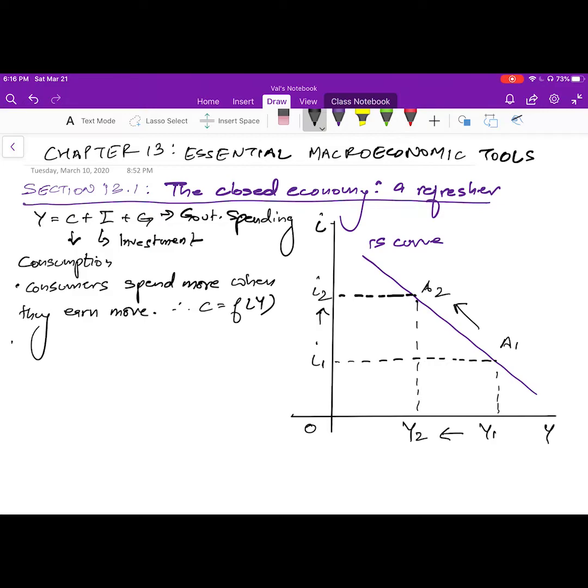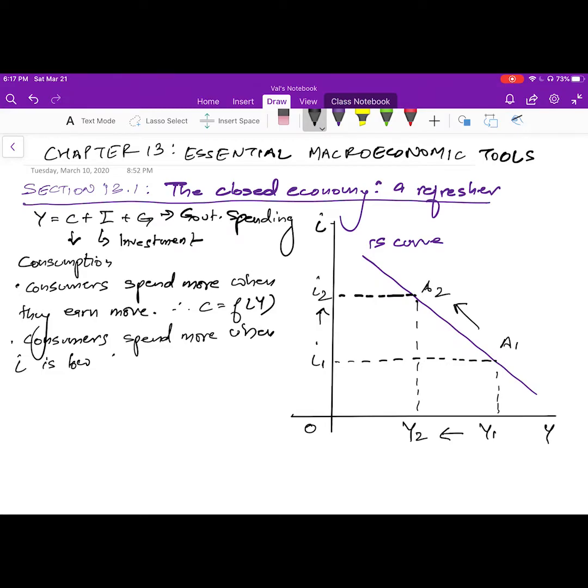Another thing we could say is consumers also spend more when interest rates are low. What does that mean? For example, if interest rates are low, you're more likely to buy a new car with a car note that's smaller than if interest rates were high, or you may be able to buy other relatively more expensive electronic devices on a lease or by borrowing money because interest rates are lower.